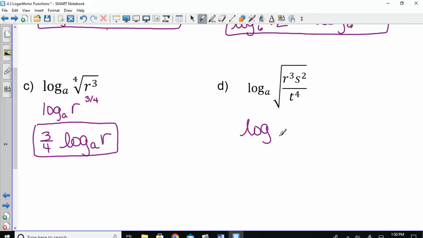All of this is under a square root, so let's deal with that first. What do you want to do? Well, how about, we don't want it to just go away, but a square root is like what power? Square root is the same as a 1/2 power.